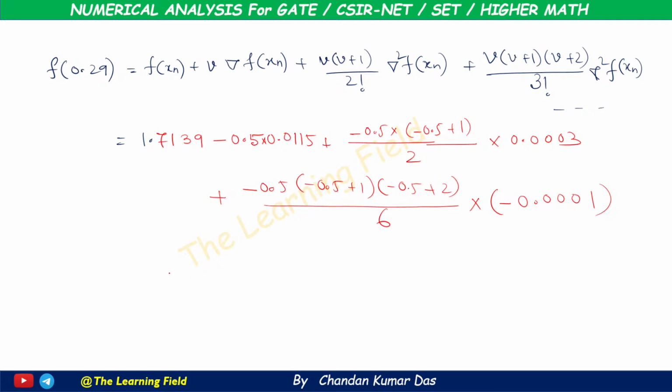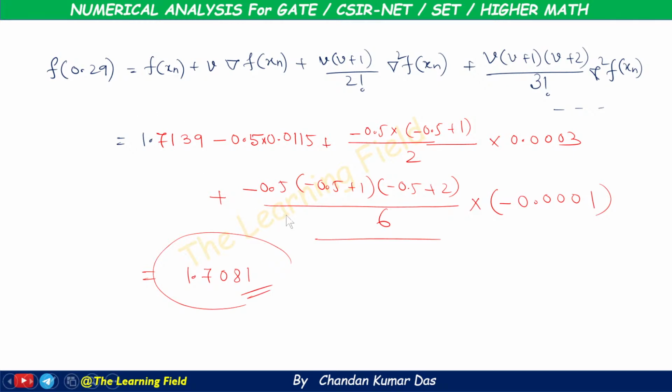So if we calculate, then we get 1.7081. You can calculate this and find this answer. So this is the example of Newton backward difference.